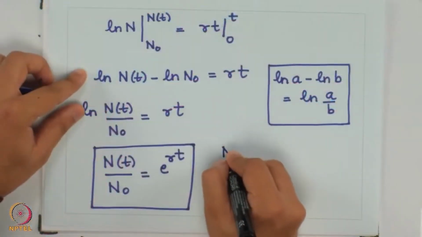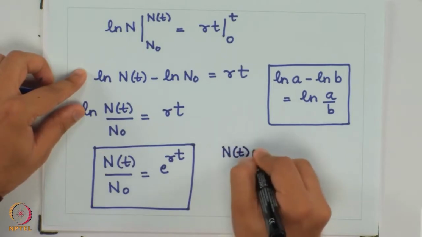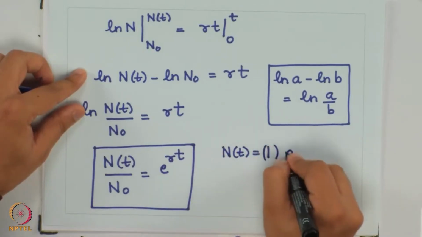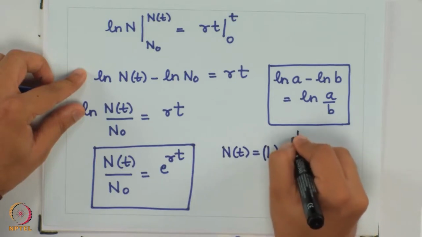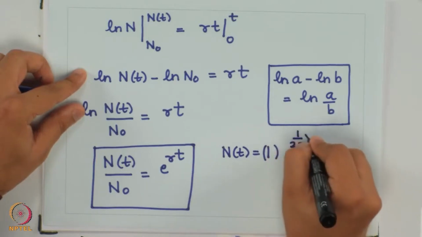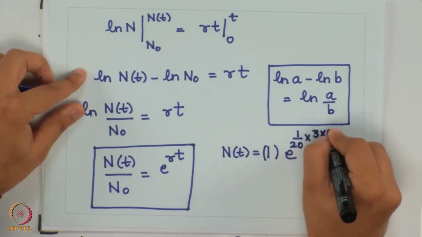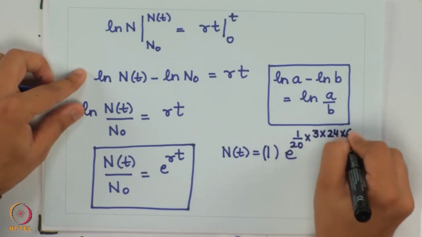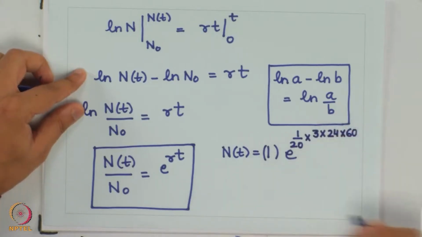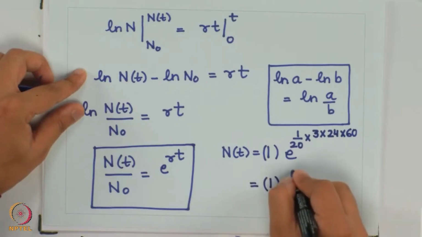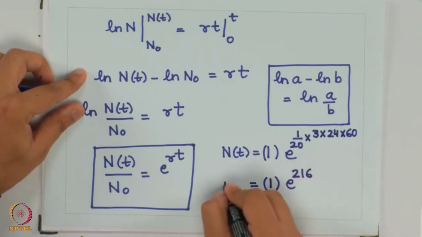If we plug those in, we get nt is equal to n naught, which is 1, into e to the power r, which is 1 by 20, and t, which is 3 days into 24 hours into 60 minutes per hour. This comes out to 1 into e to the power 216.